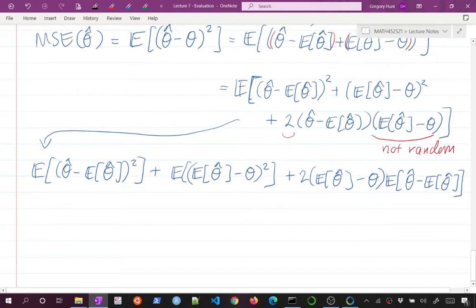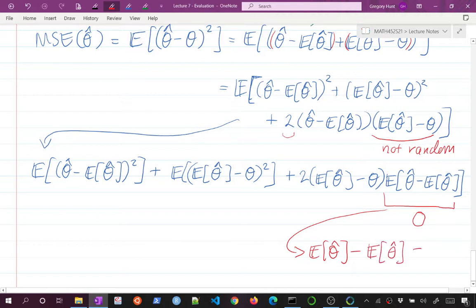This is 0. I can push through that outer expectation, and I get the expected value of theta hat, and my second expected value of theta hat is just a constant, so it can come out. So the expected value of theta hat minus itself is 0, which means this whole last cross product term is 0.